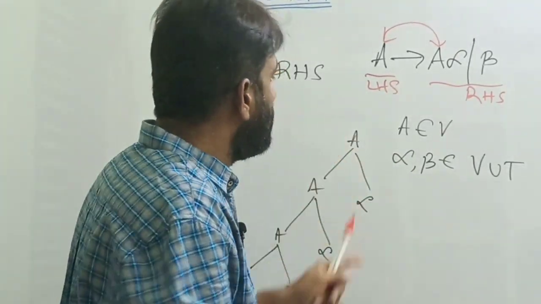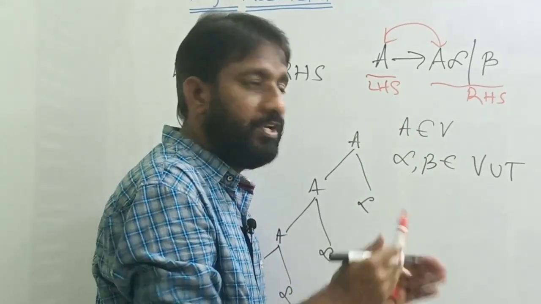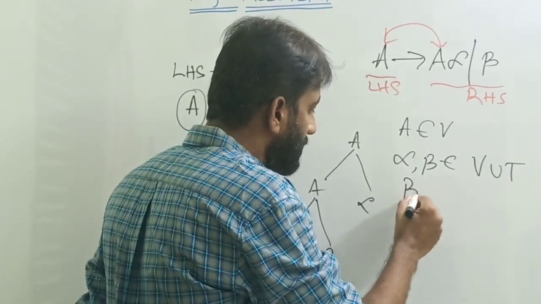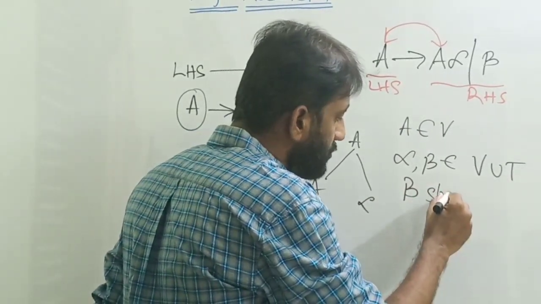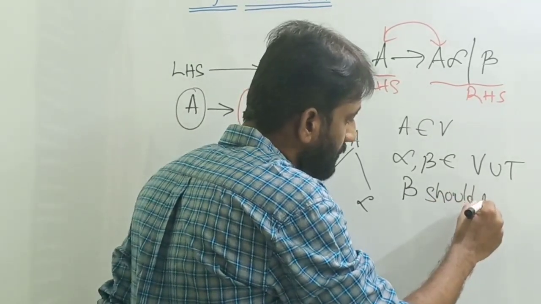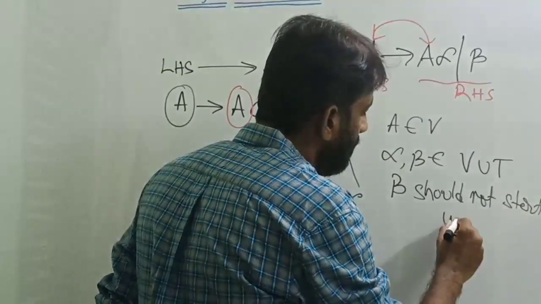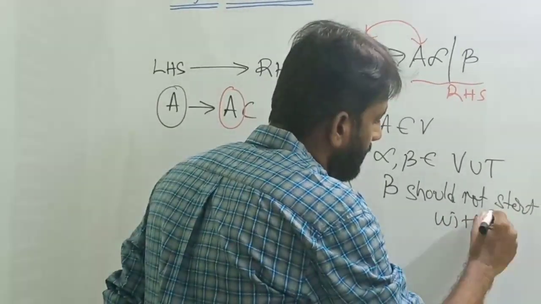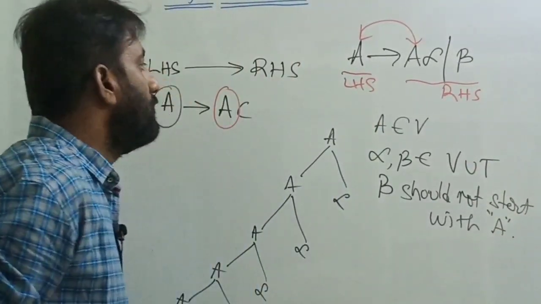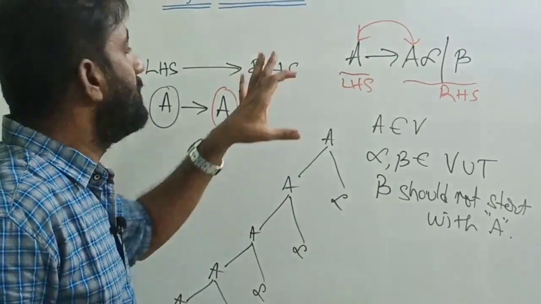Then one more restriction to identify a left recursive grammar: beta should not start with capital A. So this is the best example for the left recursion.